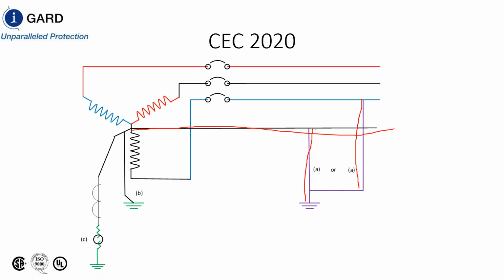A high resistance grounded system with a distributed neutral cannot be sustained on the system, so it has to be tripped right away. The reason for that basically is because this neutral point is going to elevate.